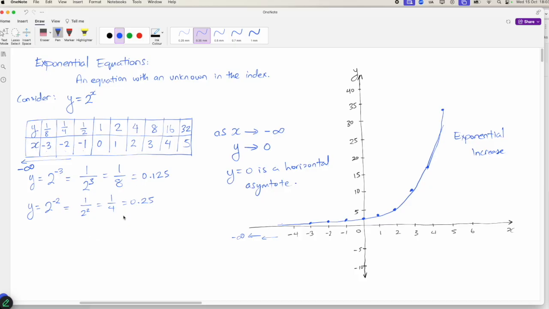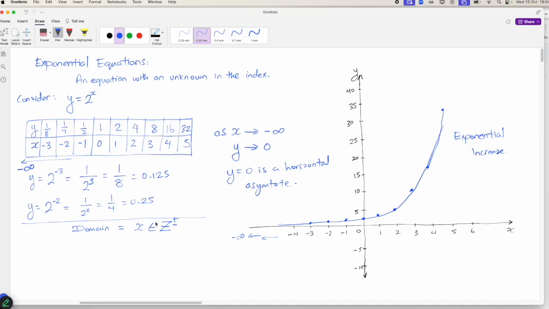Notice the domain of this graph is x is an element of integers. x could be positive, x could be negative, x could be anything, plus or minus.